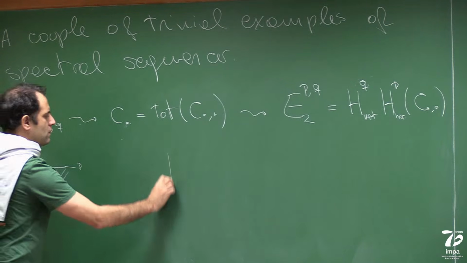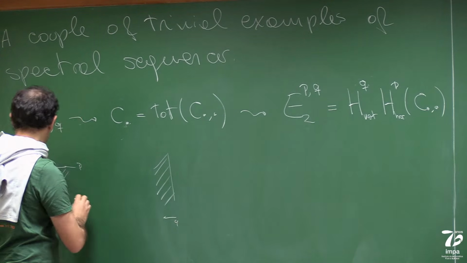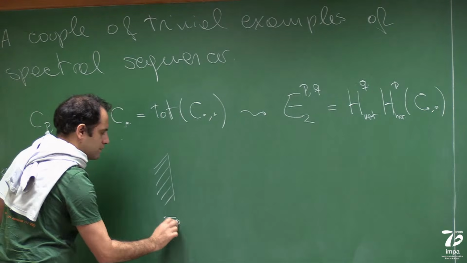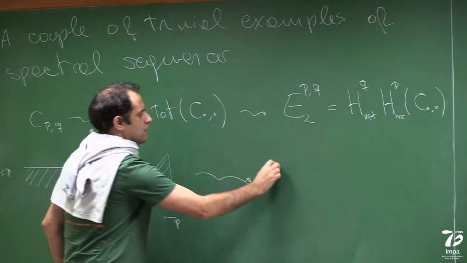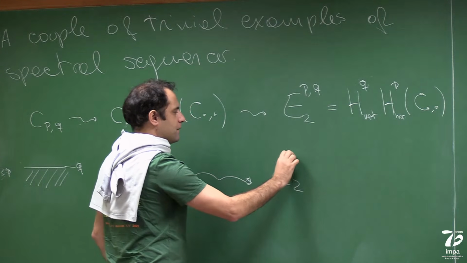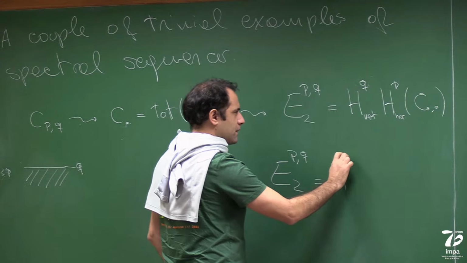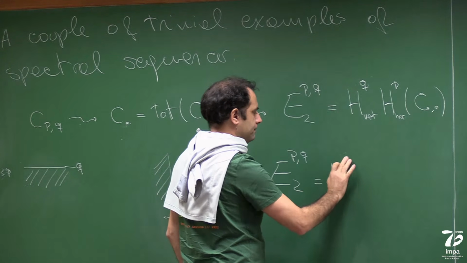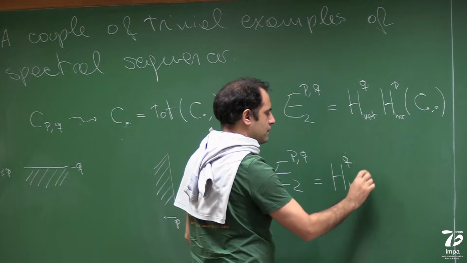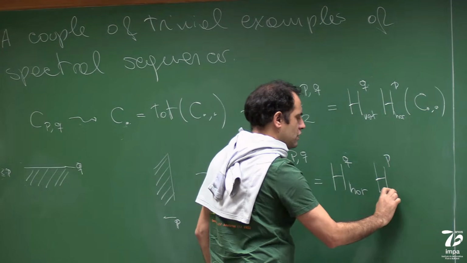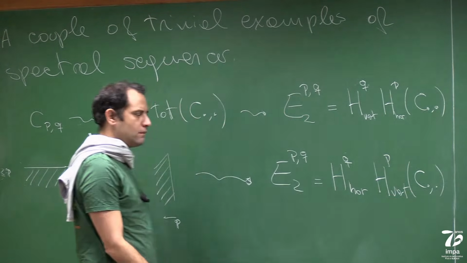But I could be looking at everything before a column. So I think here probably it's better to use Q, and here to use letter P. And in this case, we're going to get the other filtration, and we are left with a spectral sequence whose PQ term is the Q homology of the horizontal with respect to the P homology of the vertical of this C dot dot.